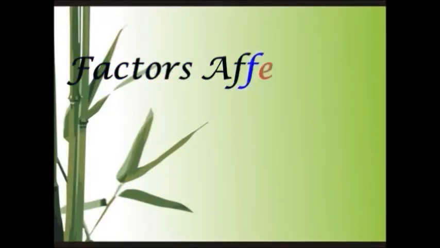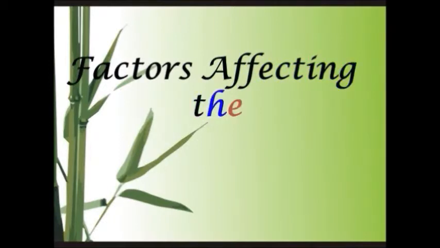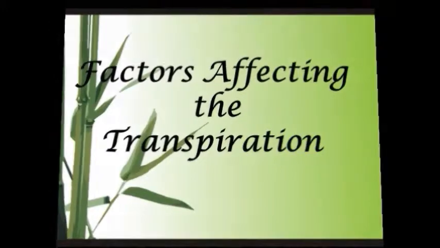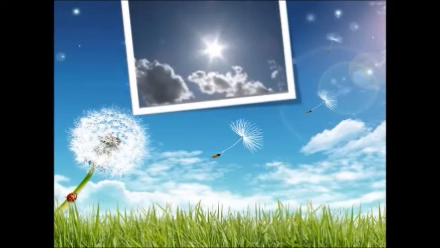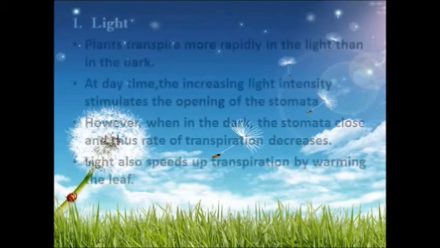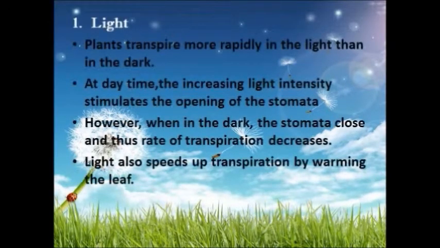Factors affecting transpiration. The first factor is light. Plants transpire more rapidly in the light than in the dark.